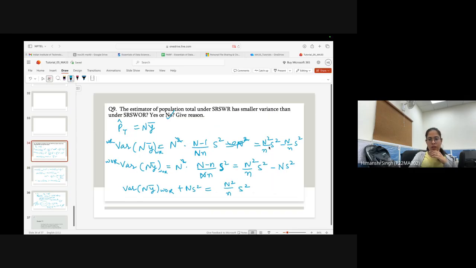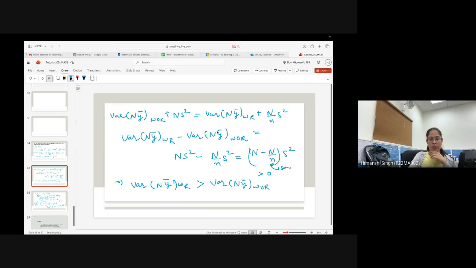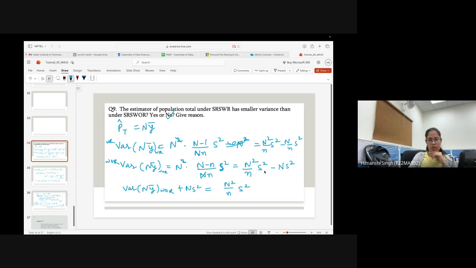We know that this quantity and this quantity are the same for both of them, so we just took this quantity out and placed it here and compared, and found that the difference of them is greater than 0. So this quantity is greater than this quantity. How have we done it? We have just used these two equations, this and this.